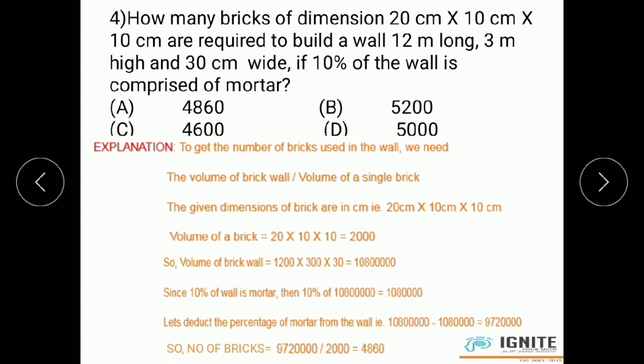Then we have to find the volume of the brick wall. The wall dimensions are 12 meter, 3 meter and 30 centimeter. Converting meter into centimeter, the volume of the brick wall equals 1200 into 300 into 30. But 10% of the wall is comprised of mortar, so we take 10% of this value.